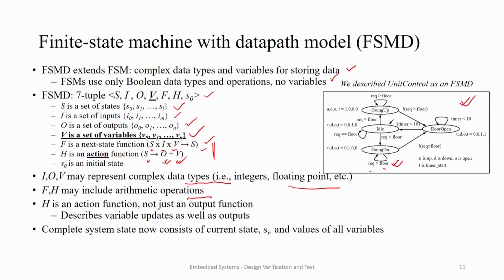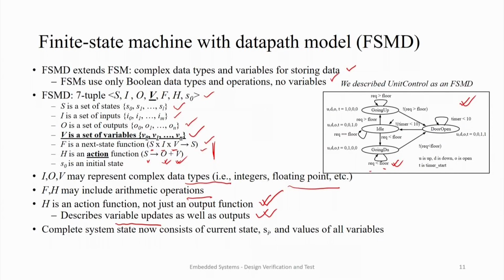H is an action function now and not just an output function. Why? Because along with the production of outputs, it can also update variables. So, we don't say that H is an output function in an FSMD, we say that it is an action function.